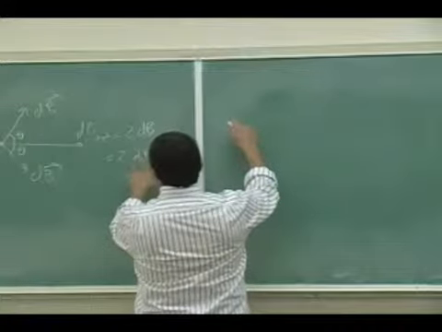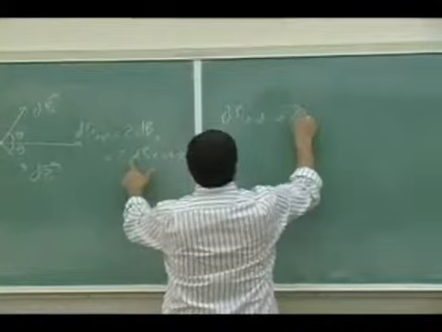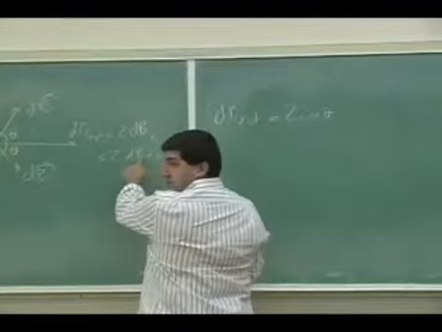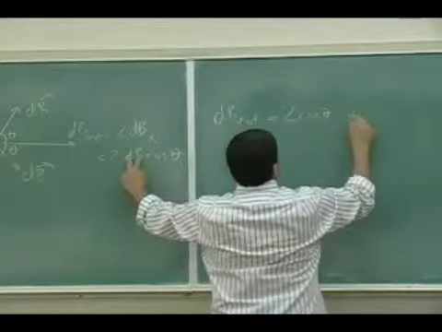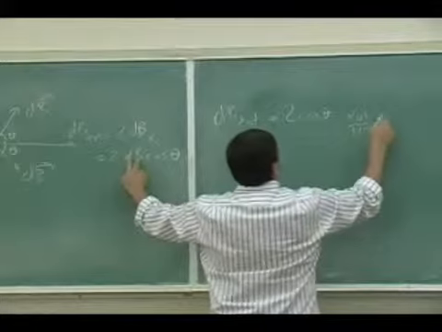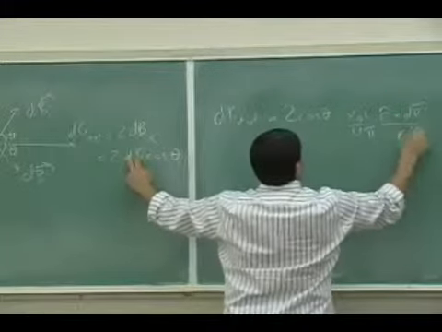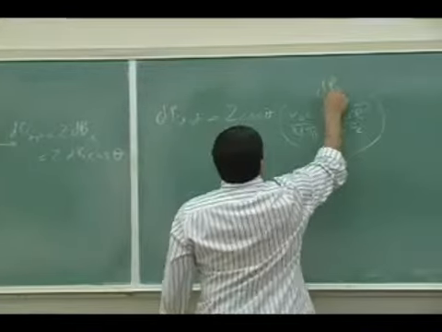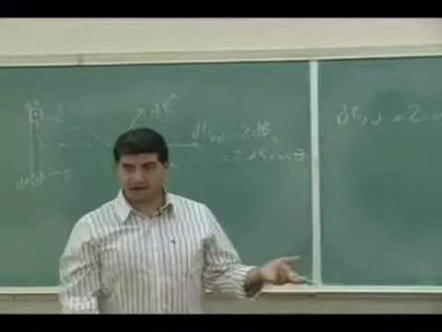So dB total is going to equal 2 times cosine theta times dB, which is going to be mu 0 I over 4 pi. The dB is mu 0 I over 4 pi r hat crossed into dl over r squared. So that's the dB. But now I got to take twice the cosine of that.